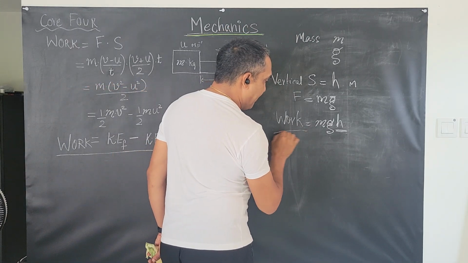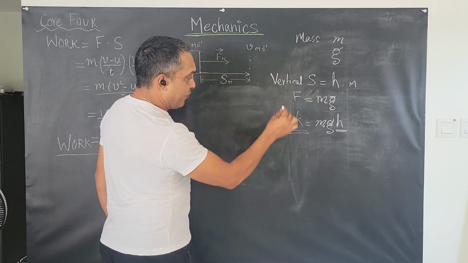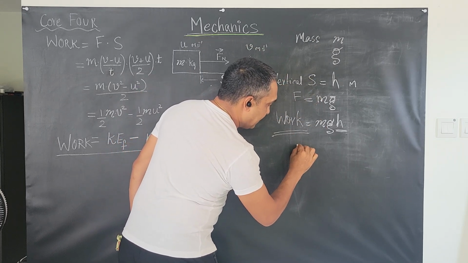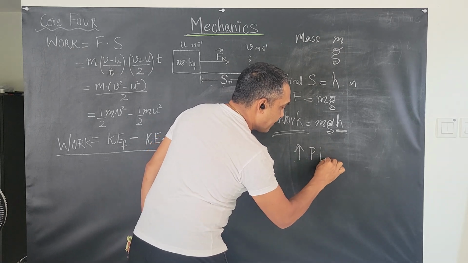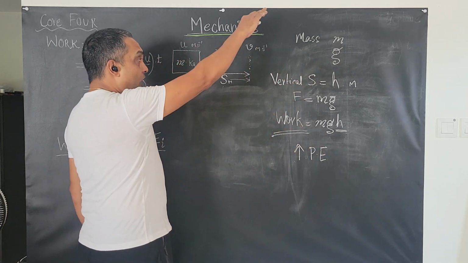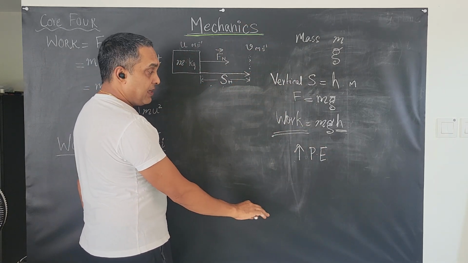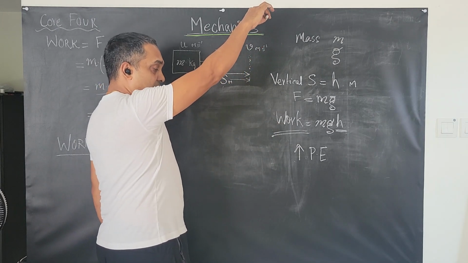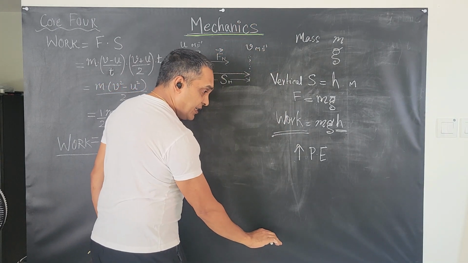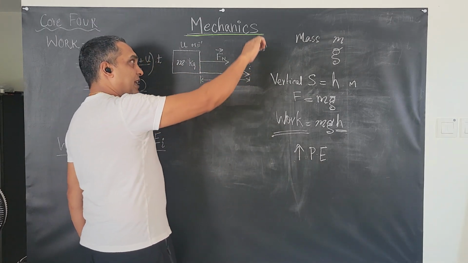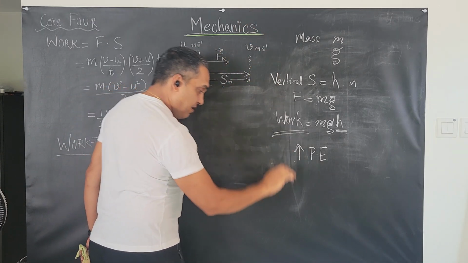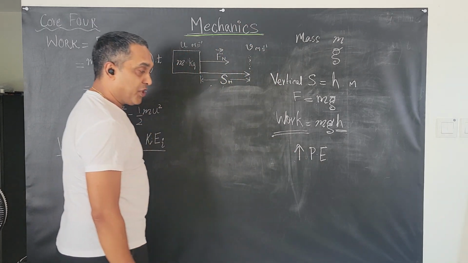And this work, in vertical movement, is increasing potential energy. When I dropped it all the way, kinetic energy, which was 0, came in here with a much higher kinetic energy. Effectively, all of the potential energy that was built got translated into kinetic energy.